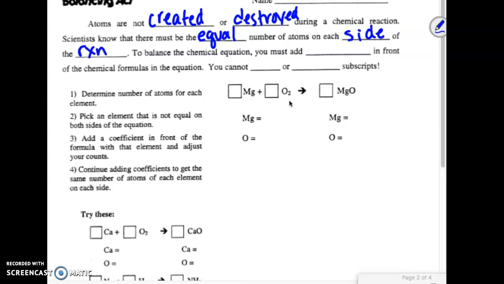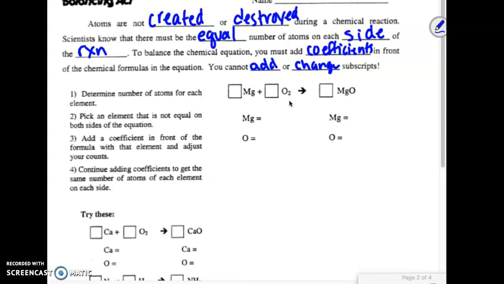To balance the chemical equation, you must add coefficients in front of the chemical formulas in the equation. You cannot add or change or subtract. You can't do anything with the subscripts.